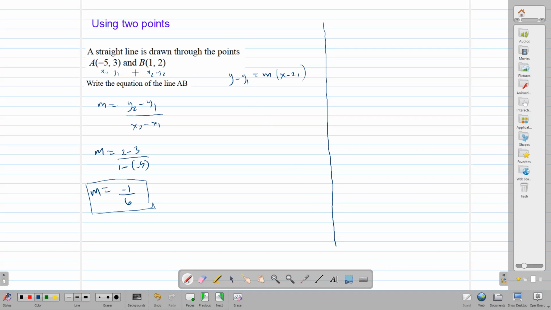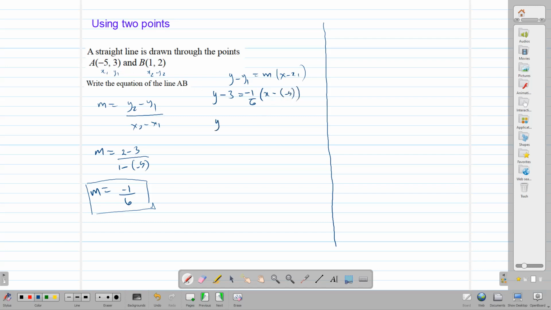(-5, 3), then we're going to have y - 3, because our y1 is 3, is equal to m, which is -1/6, bracket x - x1, and here x1 is -5, so we're going to say x - (-5).